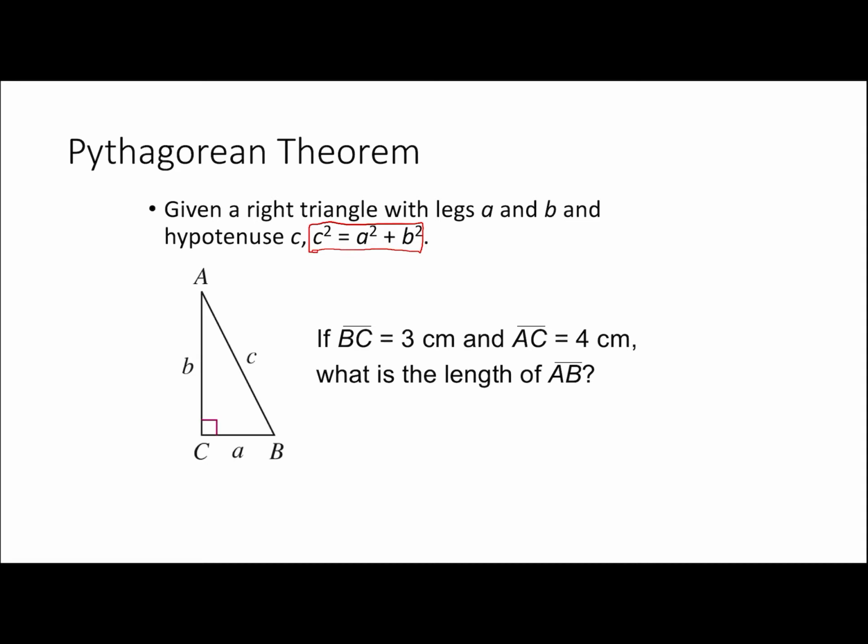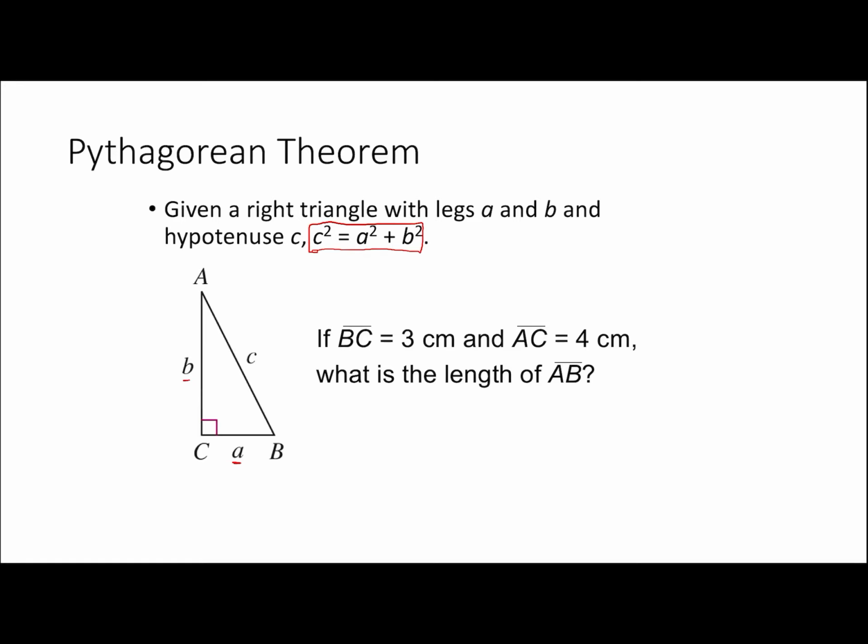Let's try this. If side BC, so that's side A, is 3 centimeters and side AC, which is this one, is 4 centimeters, what's the length of AB? So what's the length of side C? Using the Pythagorean theorem, A squared plus B squared equals C squared.